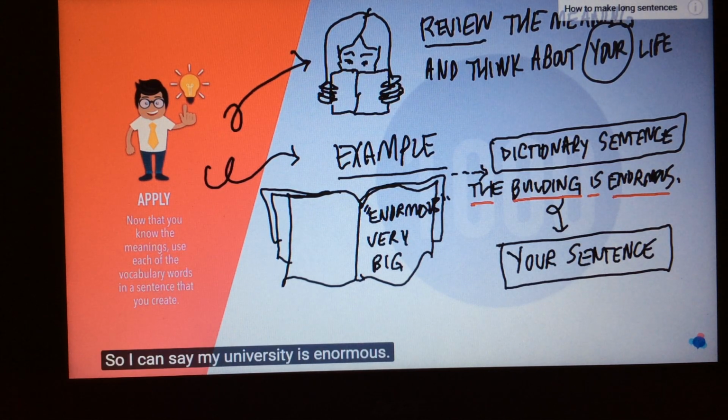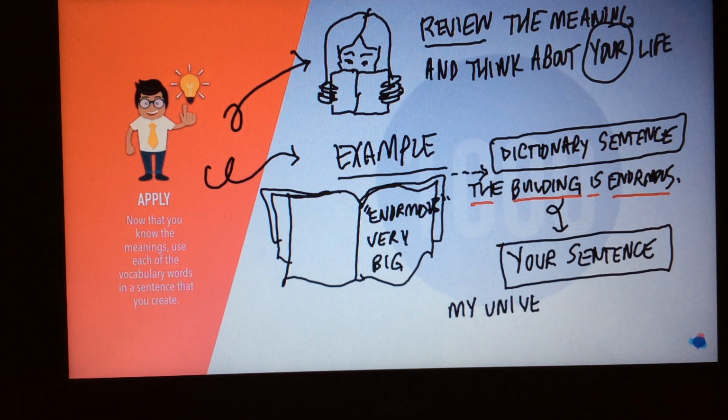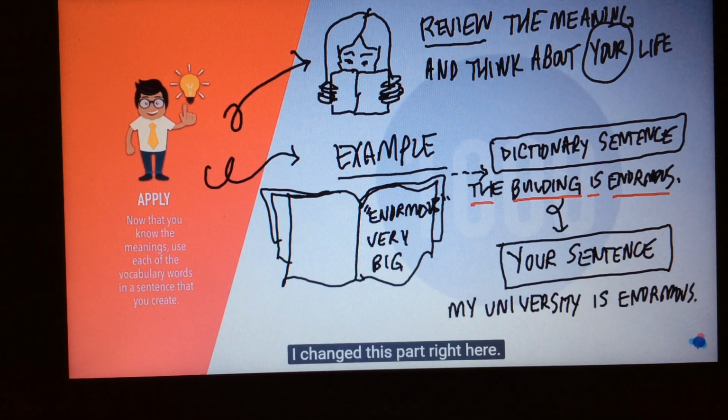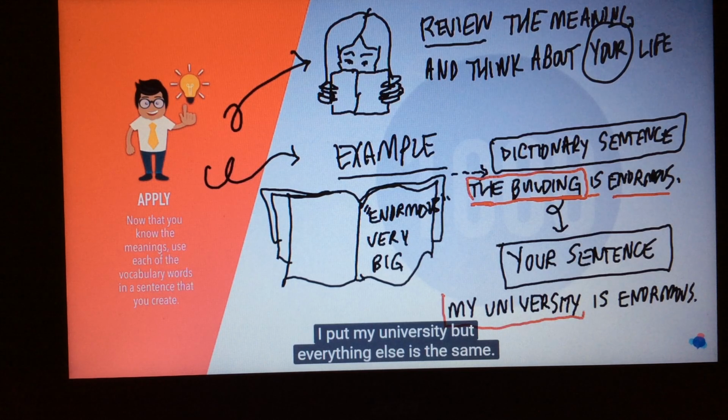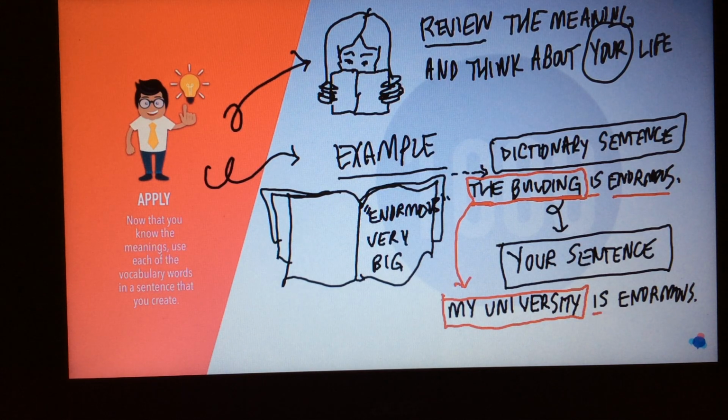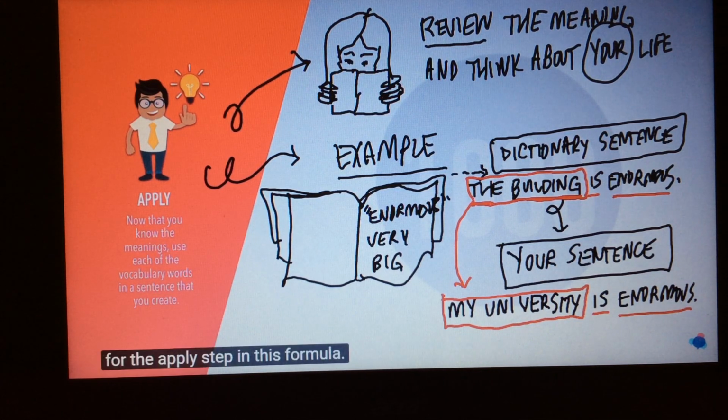So I can say, my university is enormous. So what happened? I changed this part right here. So instead of the building, I put my university. But everything else is the same. This is what you're going to do for the apply step in this formula.